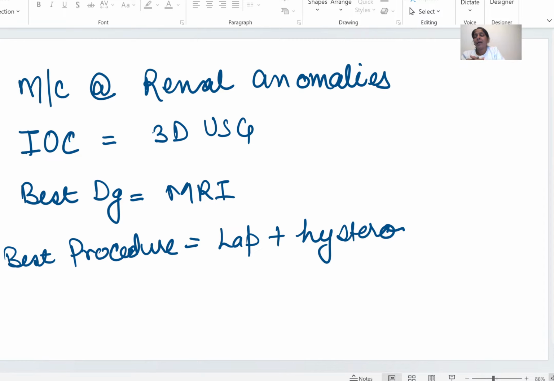Most common with Mullerian anomalies: they originate from the Mullerian duct, which originates from the mesonephros.